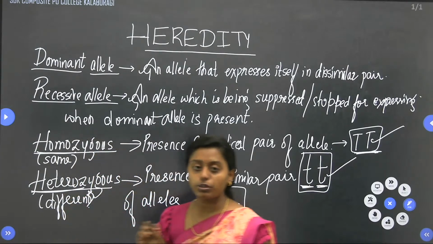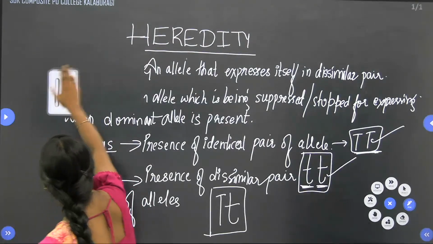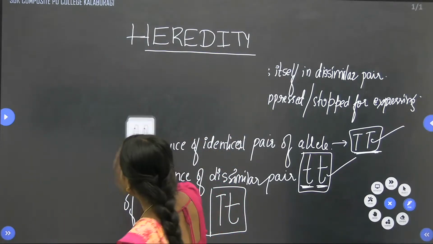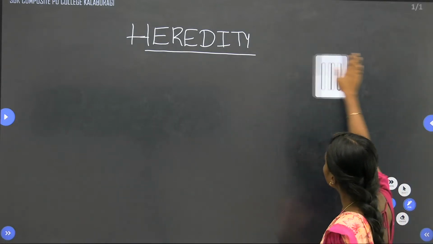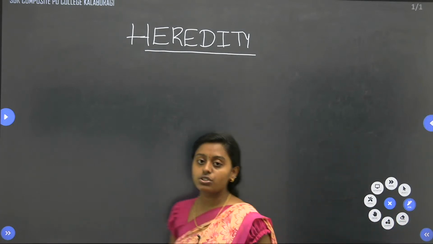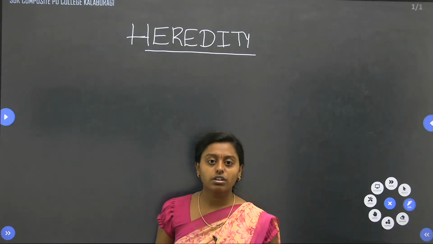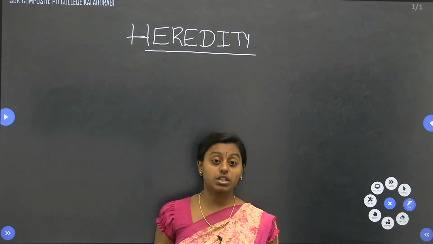So these are some of the basic terminologies that we have understood. Now let us study how the inheritance of a particular character, how the genes express themselves, was well studied.